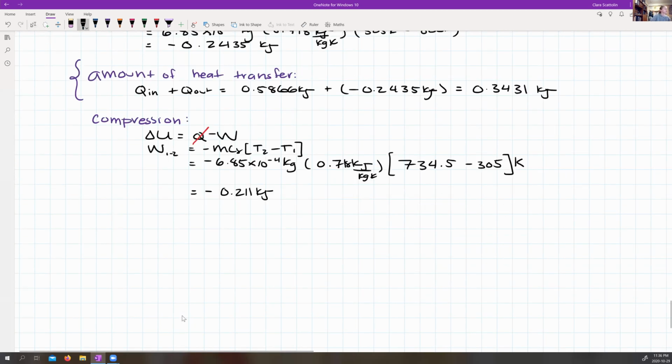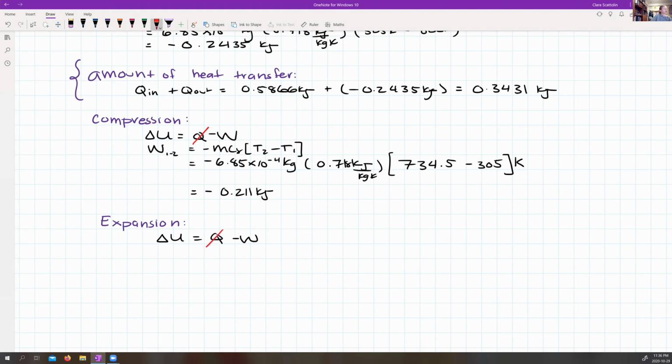And now we're going to talk about expansion. It's going to be the same thing as the compression. So I know my delta U is Q minus work.